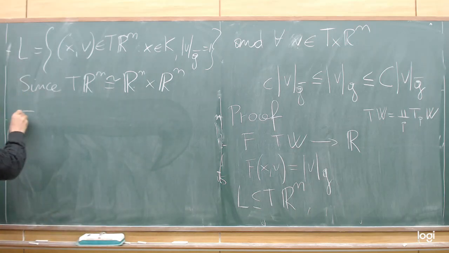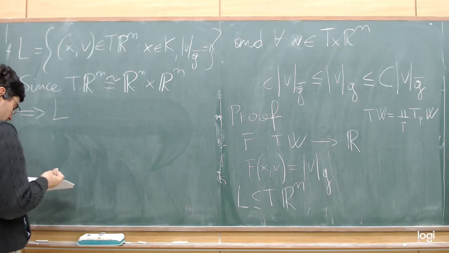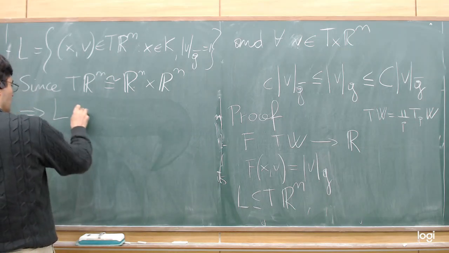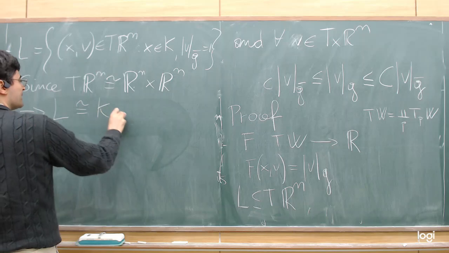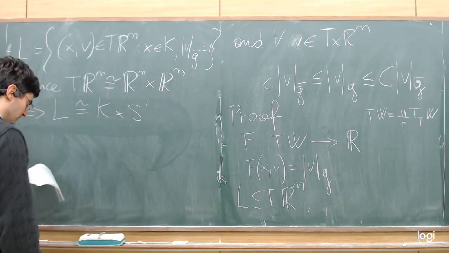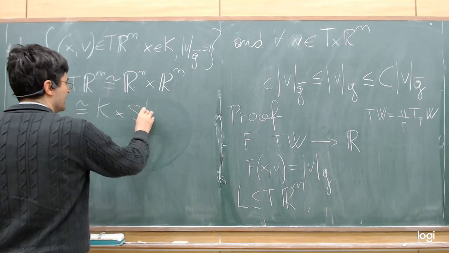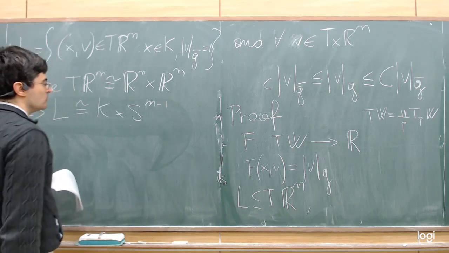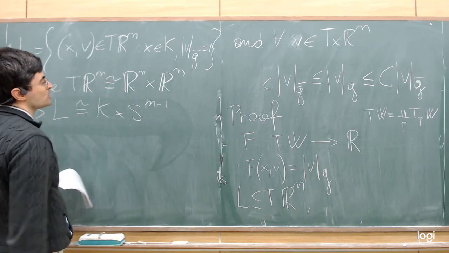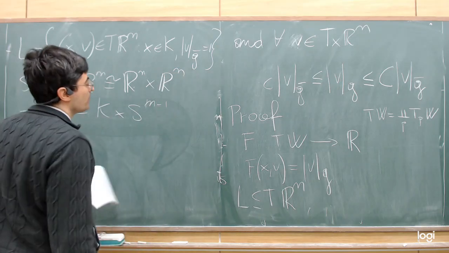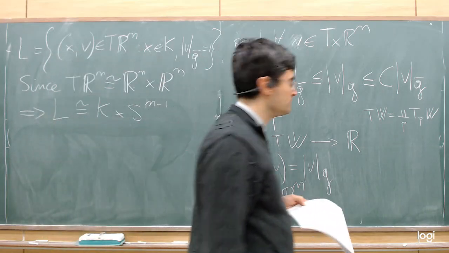Then you can identify L with K times S^(n-1). Why S^(n-1)? Because here I'm working with vectors of length 1.